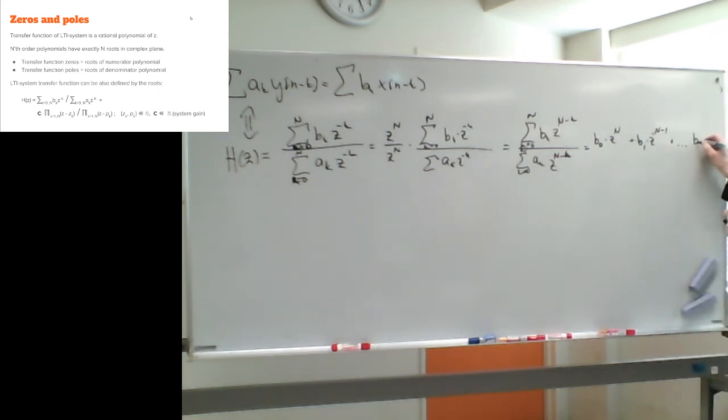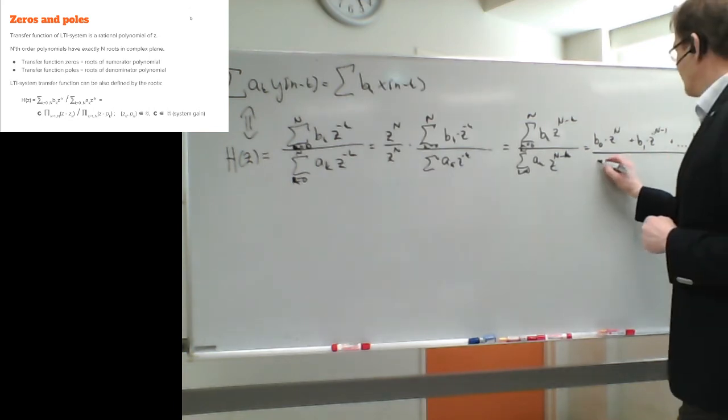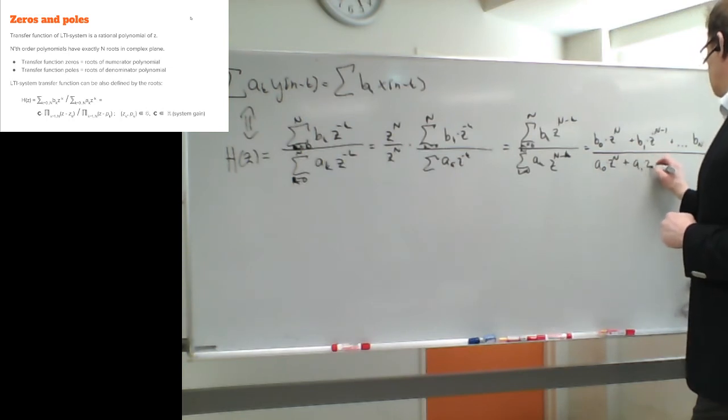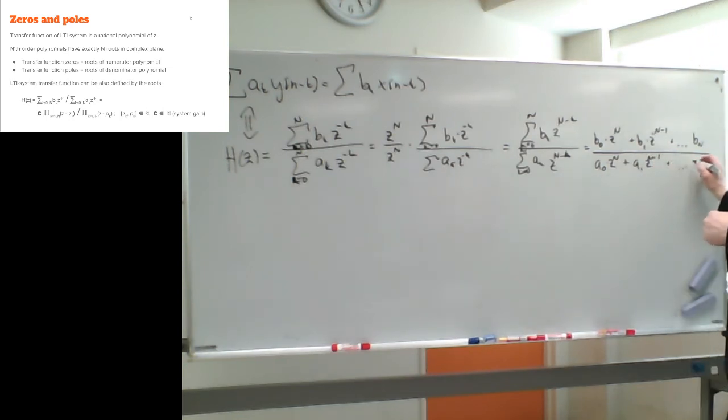The last one is b_n times 1. Nice polynomial. And a0 times z to the n plus a1 z to the n minus 1 plus, and so on. So we have the numerator and denominator now in a nice form. They are both positive exponent polynomials. All right. Now, each of these polynomials has roots, the special points where the polynomial actually goes to 0.